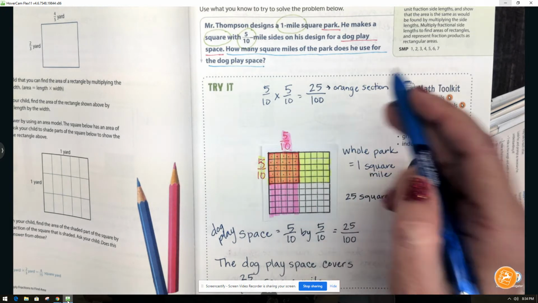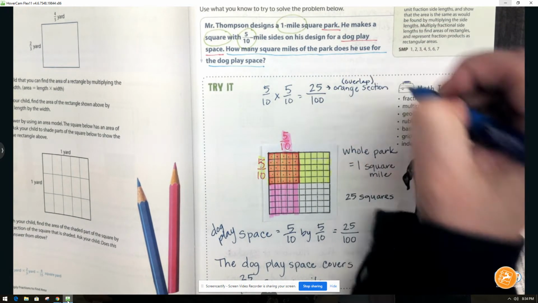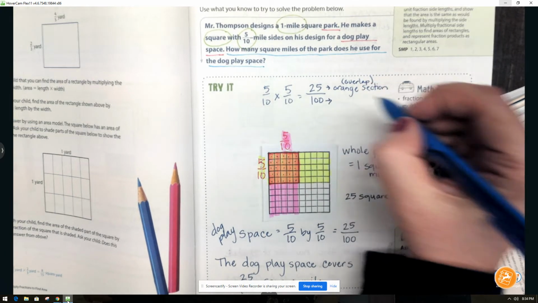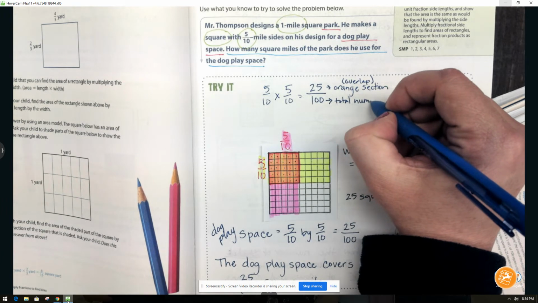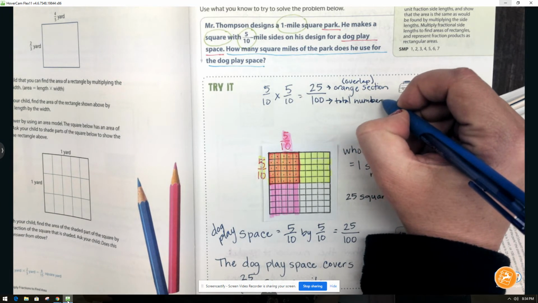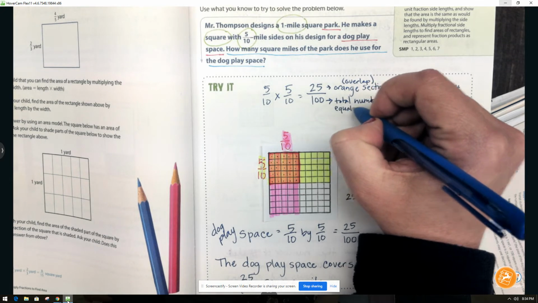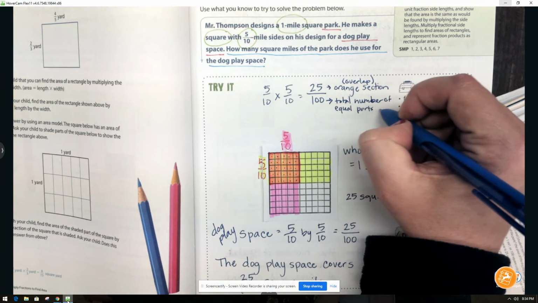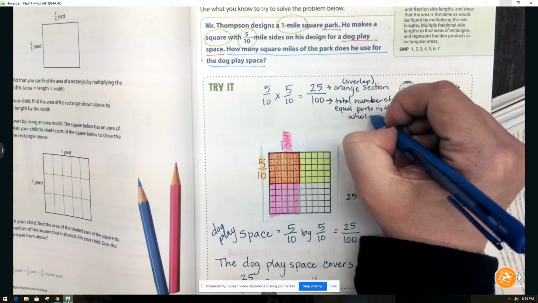So the orange section, or the overlap, is the numerator, and the denominator is the total number of equal parts in the whole.